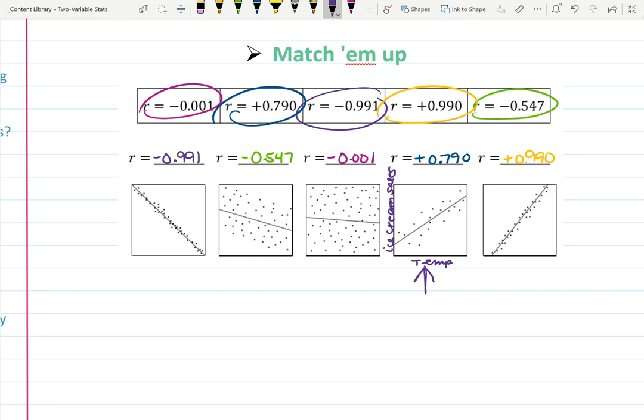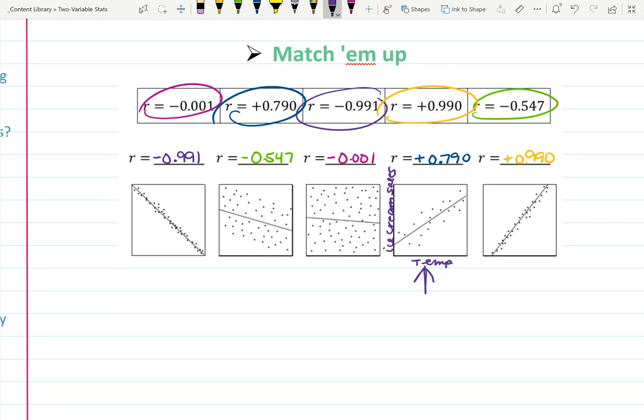However, does a rise in temperature cause you to buy ice cream? No. Is it probably going to influence you to want to buy something cold to cool off? Absolutely. But it does not cause you to buy ice cream. If you're sitting here going, are you sure? Well, let me give you another example. What if on the x-axis was smoking and on the y-axis was lung cancer? The more you smoke, the more likely you are to have lung cancer.